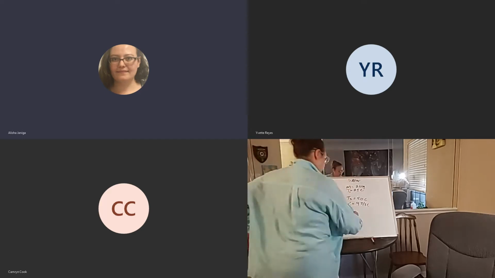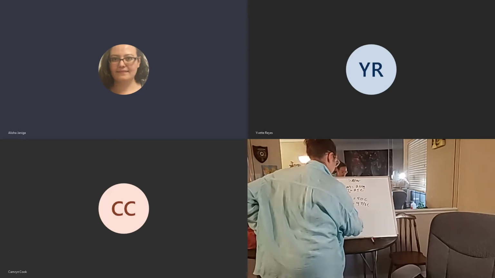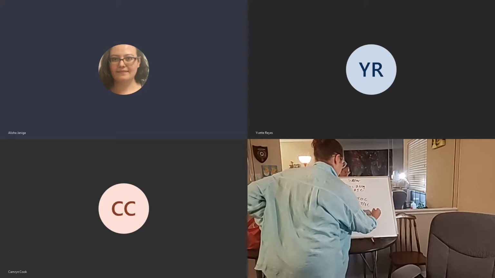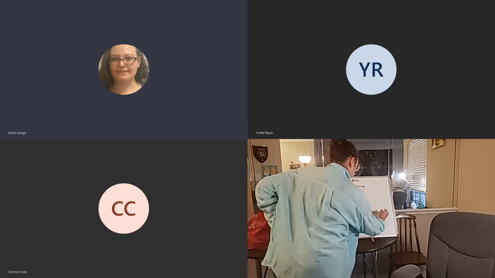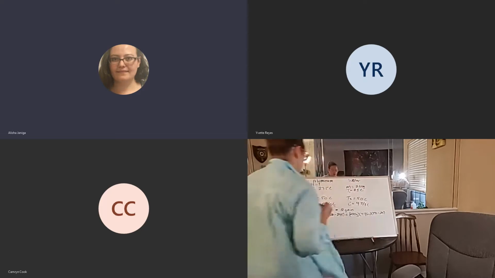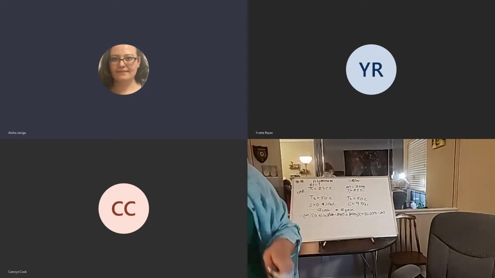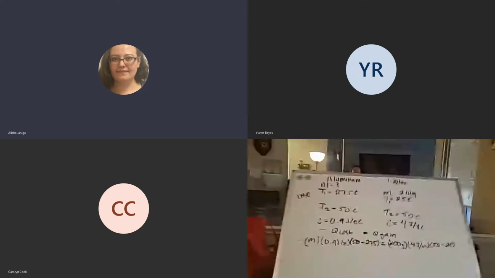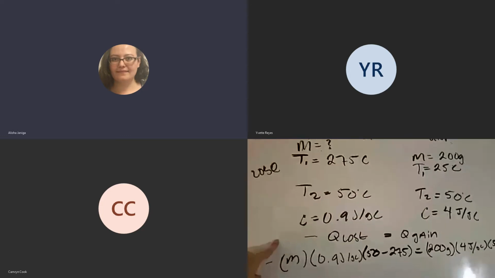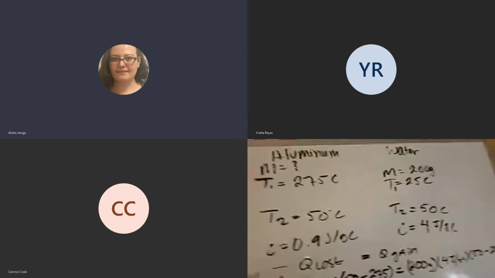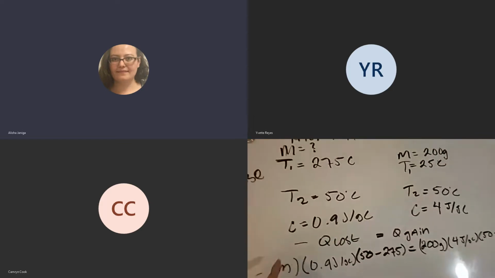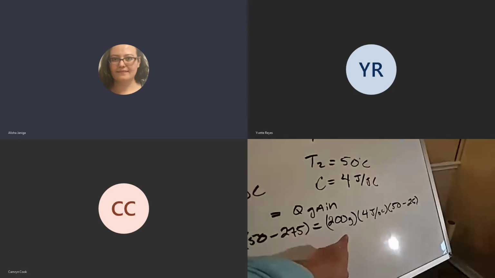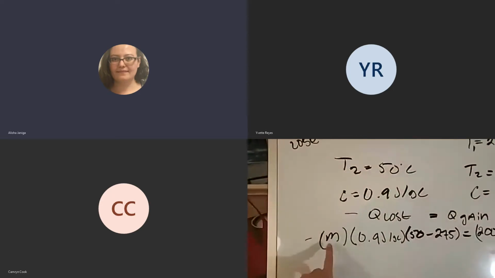And plug everything in on the other side. We have our mass, 200 grams. Our C is 4. And our change in temperature, T2 minus T1. So here we have our negative Q lost and Q gain negative because it's losing energy. And it'll cancel out when you change the temperature. And then you multiply all this together and then solve for the mass right there.